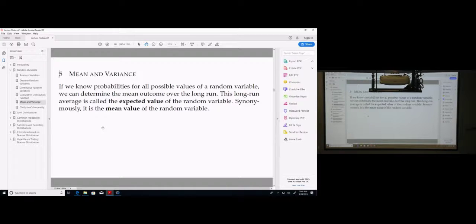All right, we have a few names for it, but they all mean the same. One is called the mean of the random variable x, or the mean value of the random variable x, or the expected value of the random variable x, or expectation of x. They all mean the same thing, all right?